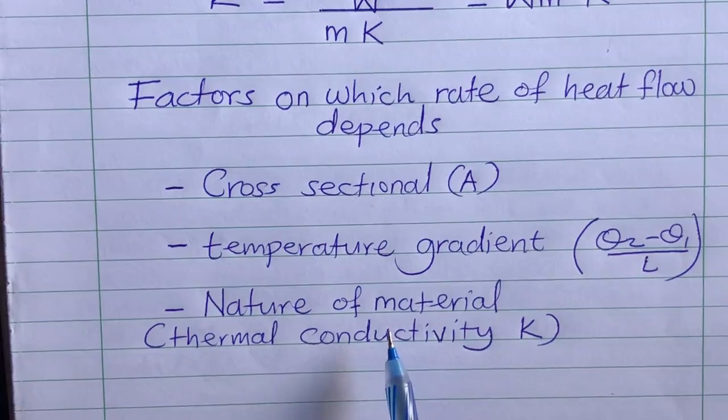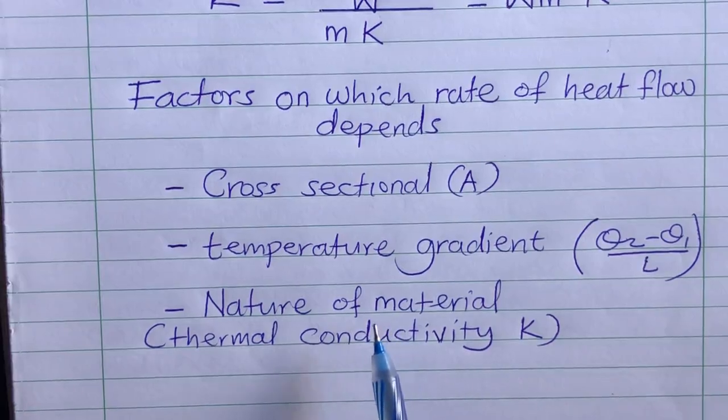That's why we have copper as a better conductor than iron, steel, aluminum, among others. However, among all, silver is the best conductor. But because it is rare and a bit expensive, we normally use copper.